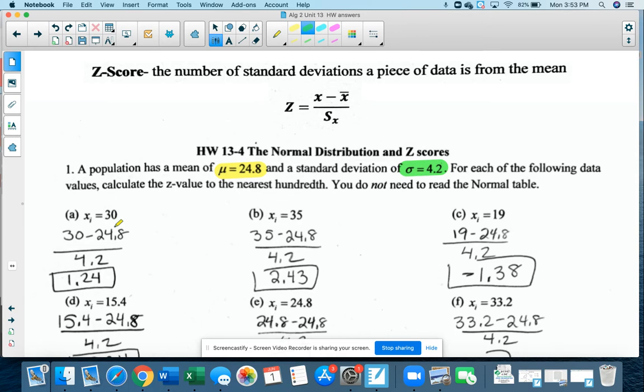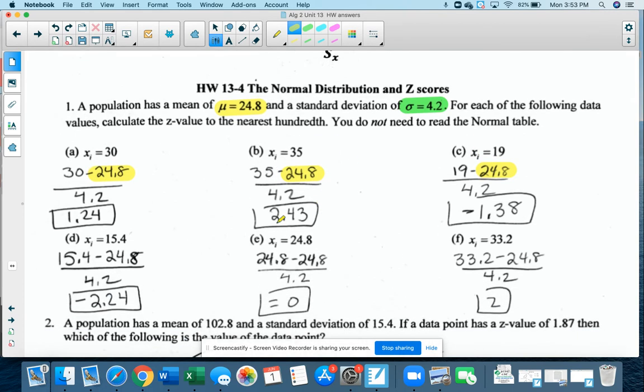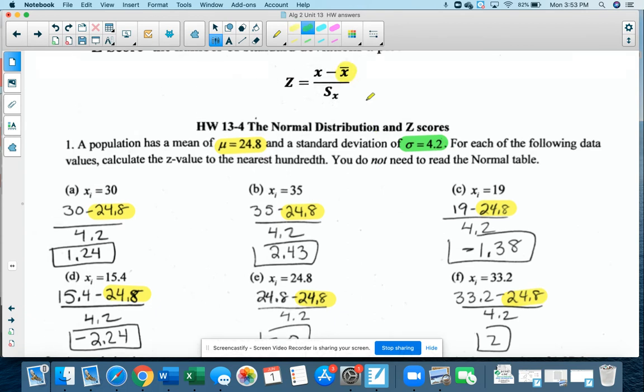So you can see that they give us a mean. The population has a mean of 24.8 and a standard deviation of 4.2. So basically, that mean is going right here, in every single problem, A, B, C, D, E, and F. And my standard deviation is 4.2, which is what I'm dividing by, so the 4.2 is on the bottom.